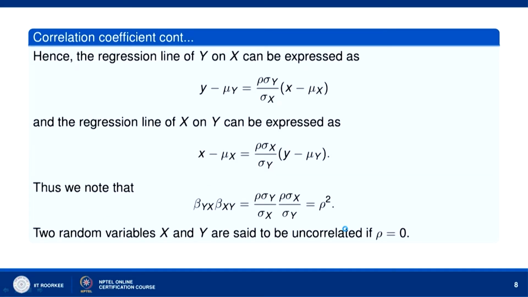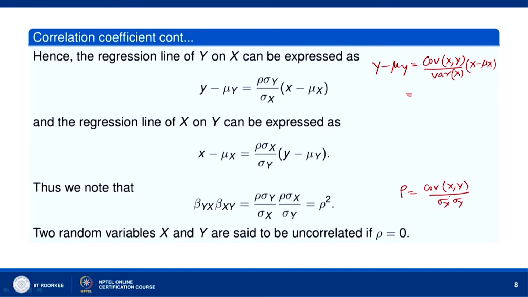Now, using the definition of rho, we can write the regression line of y on x in this form. We had y minus mu y equal to covariance of x y divided by variance of x into x minus mu x, and rho is covariance of x y divided by sigma x sigma y.